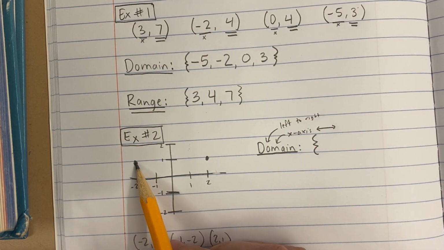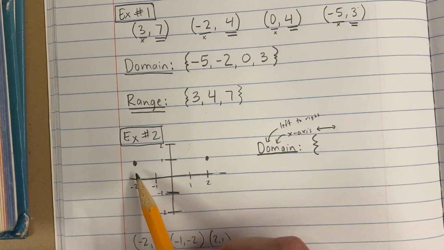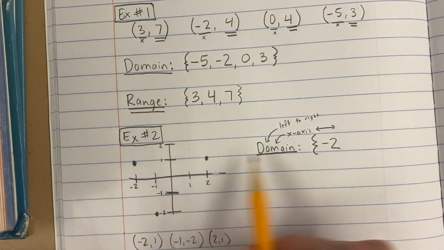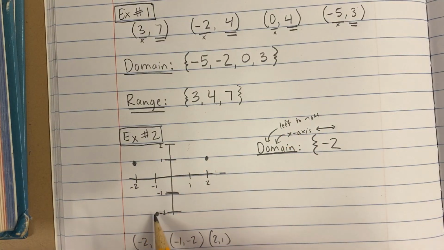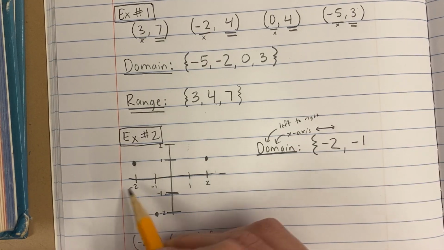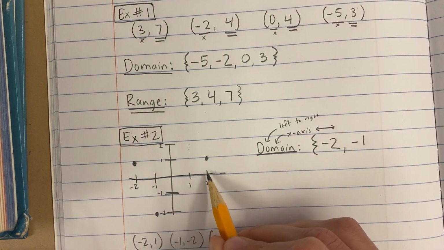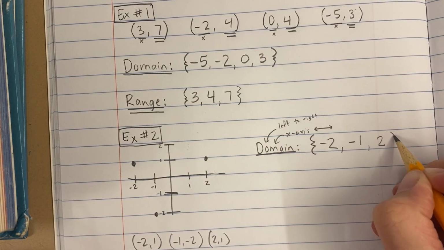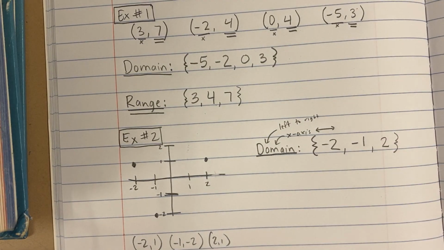What's the x value there? Here's the x-axis. The x value of this point is -2. And then I would keep going, because I'm going from left to right. What's the x value of this point? -1. And then I would keep going from left to right. Oh, I hit here. What's the x value of this point? It would be 2.